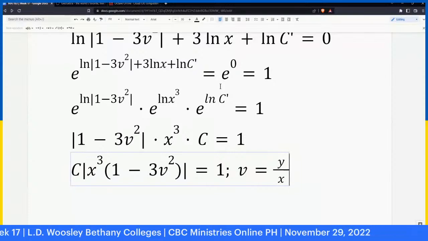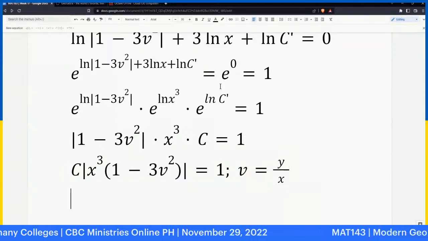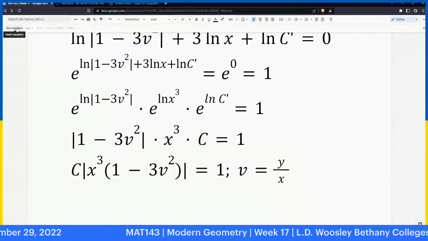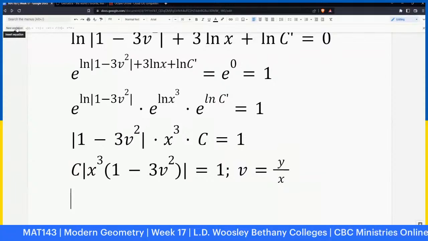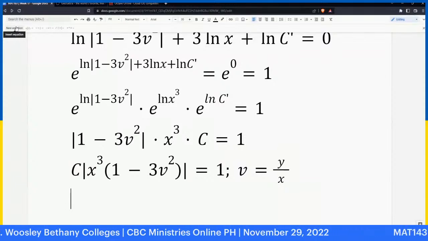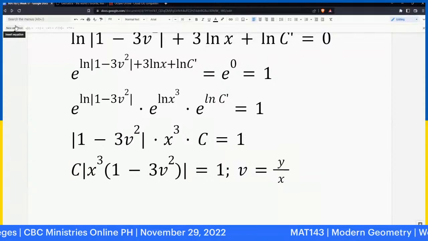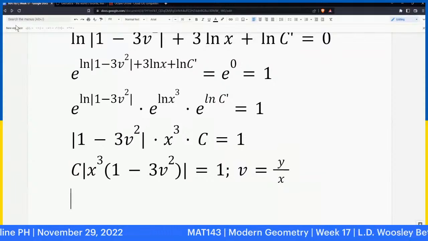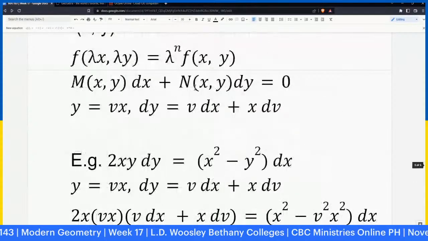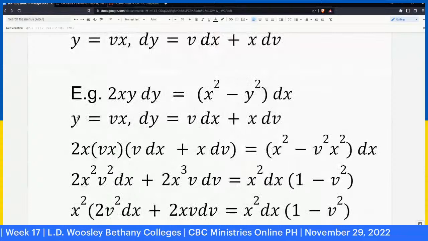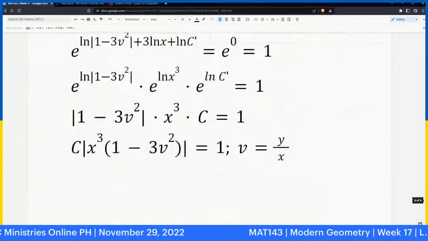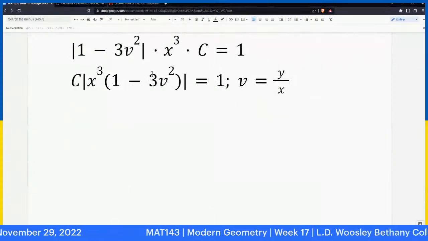Sir, saan po ulit galing, sir? Hindi ko nakuha yan. Ano sabi mo? Kasi y is equal to bx eh. Y is equal to bx, therefore b is equal to y over x. Yung kanina substitution natin, ito yun, no? Ayun. Y is equal to bx. Babalik ka dyan. Therefore, b is equal to y over x. Okay, substitute natin dito.